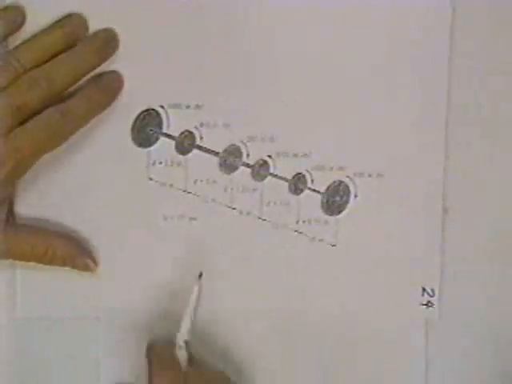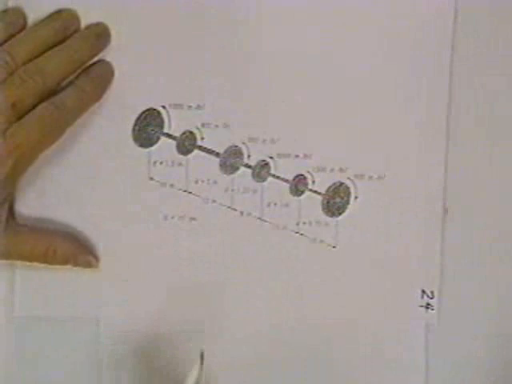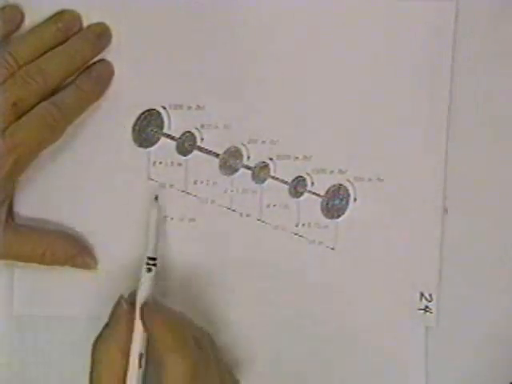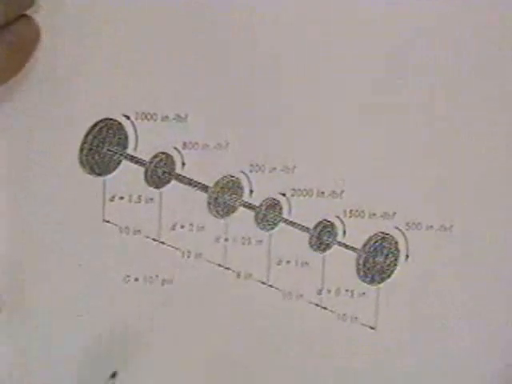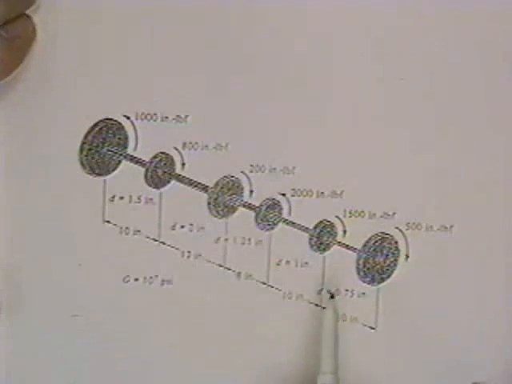All right. Now, in order to use these equations, you have to be able to get the torques inside of these sections. We do the same thing we've done before. In order to find out how much torque is in this shaft, you must cut this shaft.